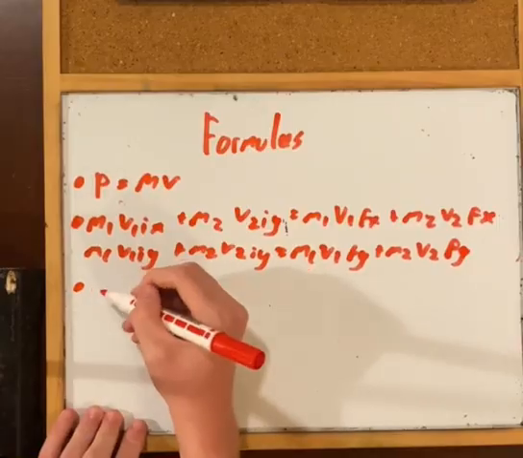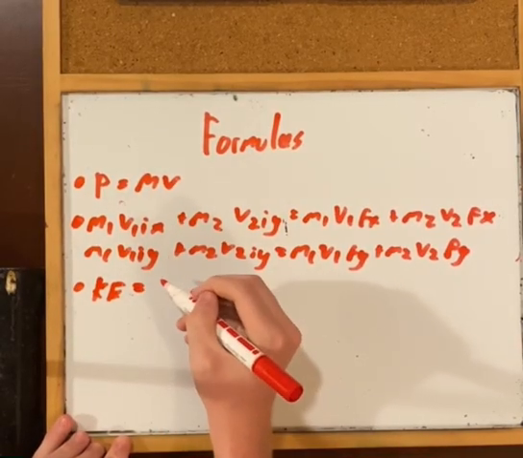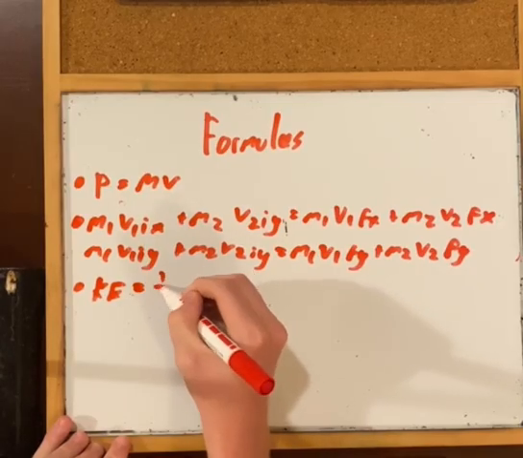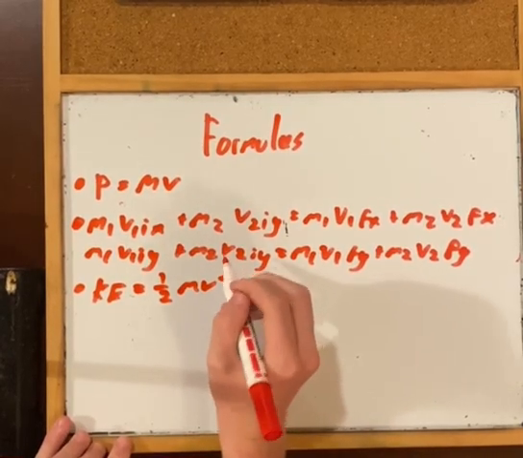And our next formula is kinetic energy equals 1/2 mass times velocity squared.